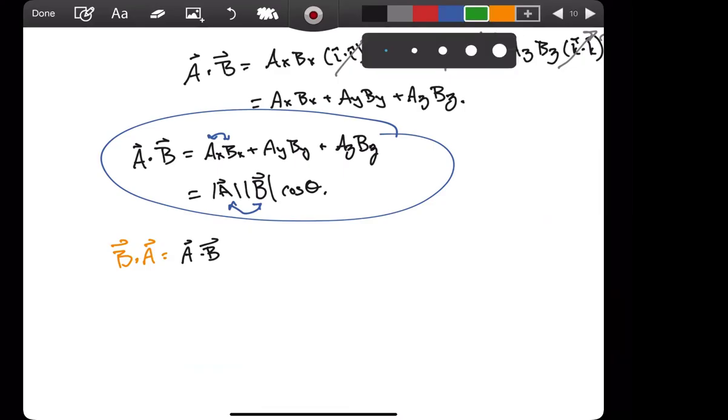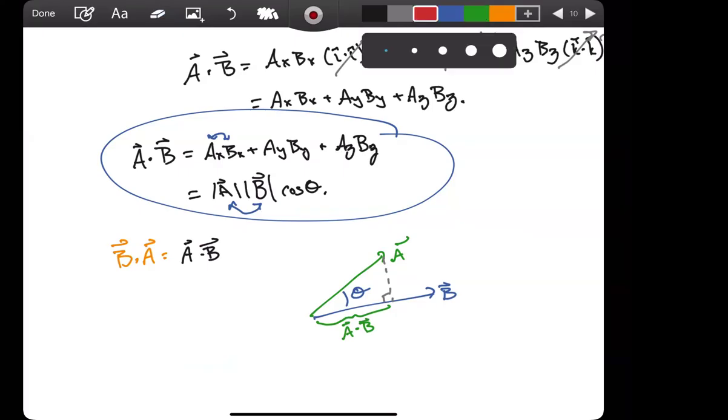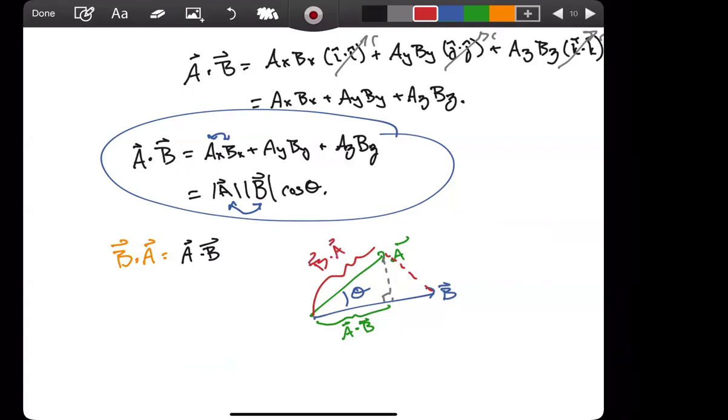The other thing to point out is that if vector A points off in this direction, and vector B points off in this direction, so that this is the angle between the two, the geometrical interpretation is that I would drop a perpendicular from A onto B, and this distance here is equal to A dot B. So this tells me the amount of A that lies along the direction of B, or how much of A is parallel to the direction of B. If I do the same thing in the other direction, dropping a perpendicular down here, then this distance is B dotted with A, which is the same exact thing.